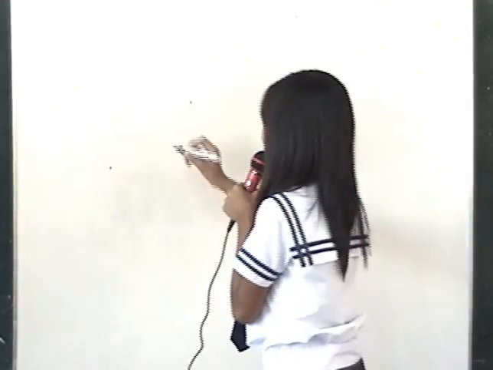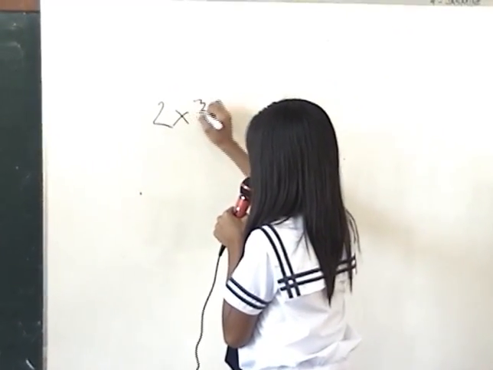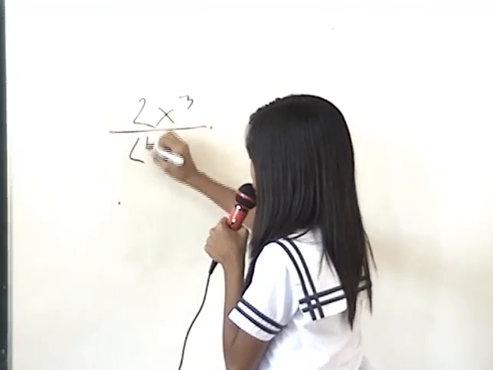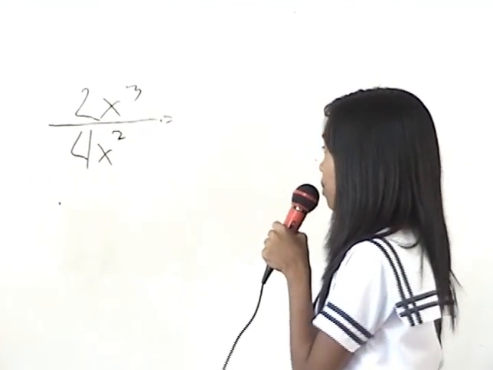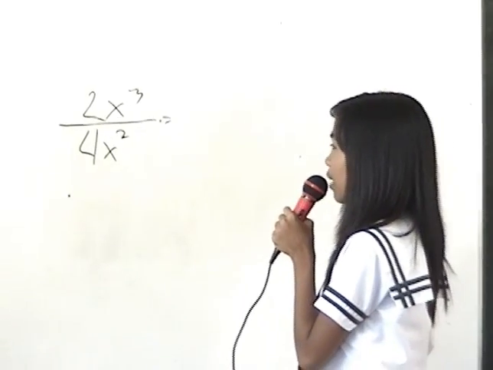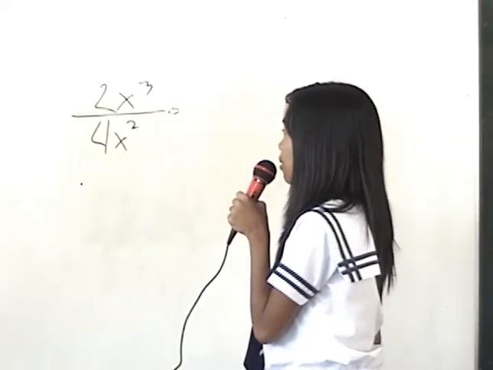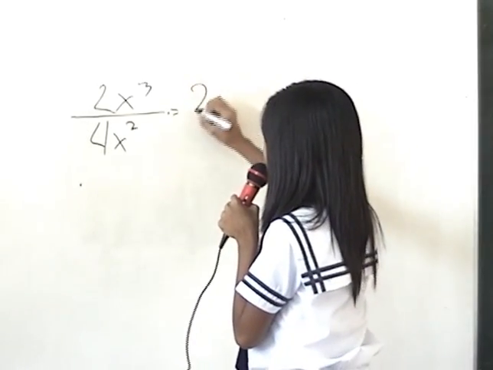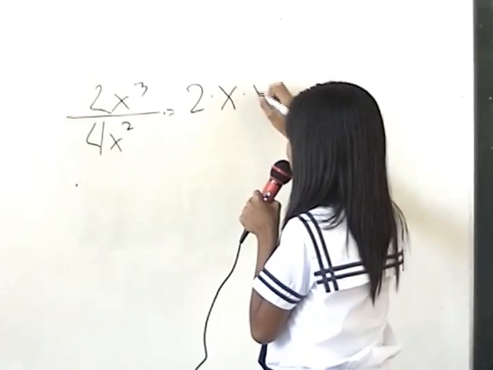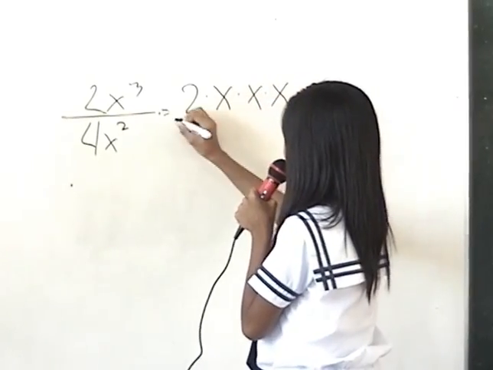To divide 2x cubed over 4x squared, we have to write the prime factors of 2x cubed and 4x squared. The prime factors of 2x cubed are 2 times x times x times x.